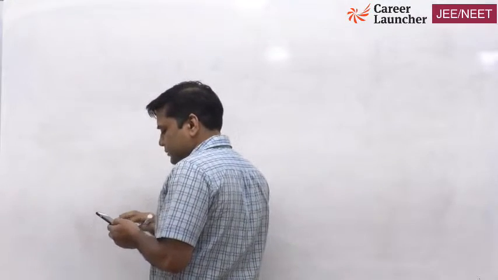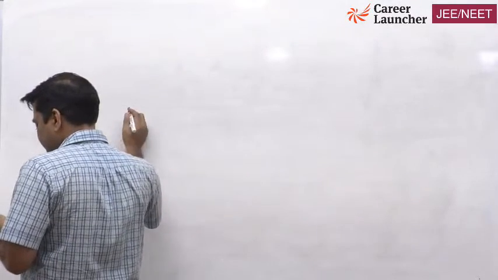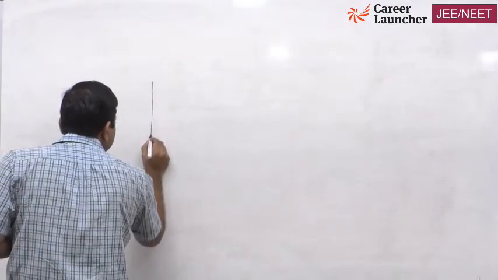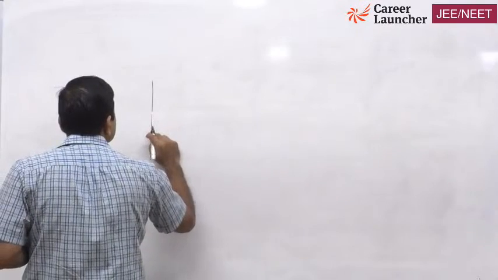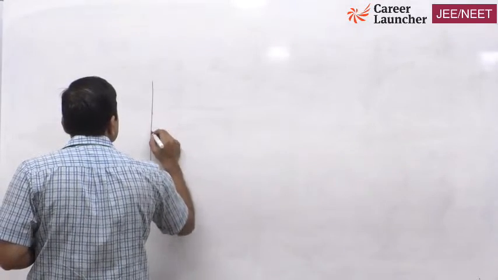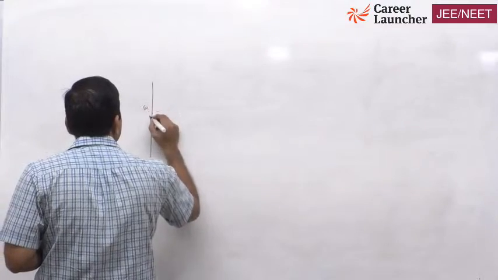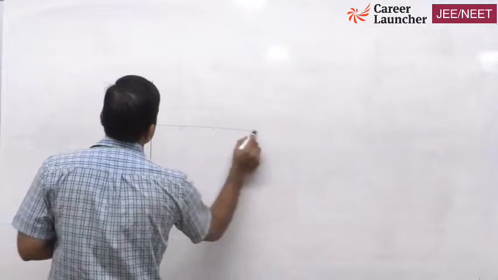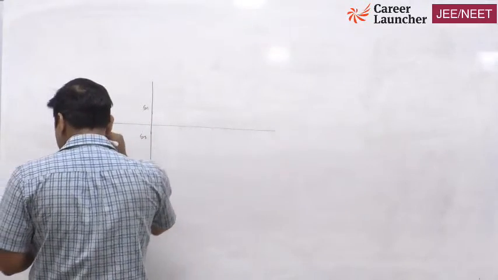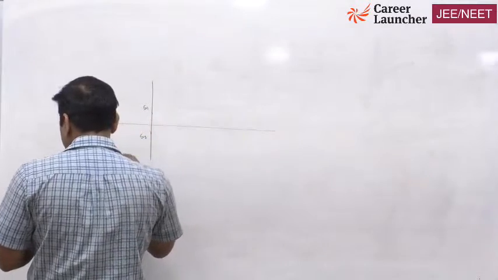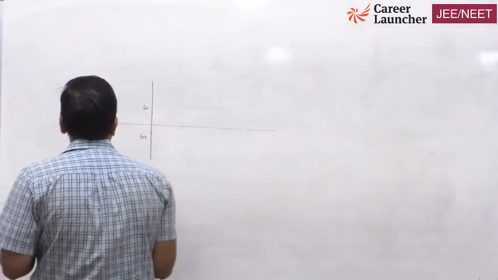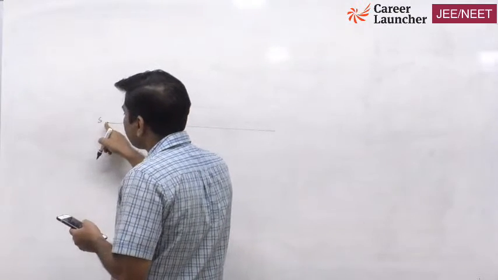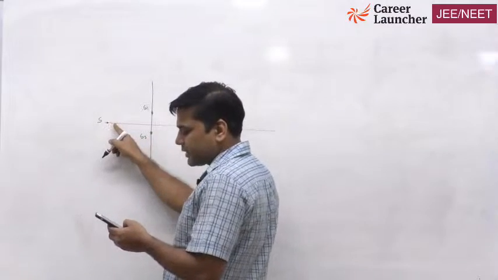Okay, there is a question. First, let me draw the diagram. So there are two slits, S1 and S2, on the principal axis, and the main source has been kept like this.